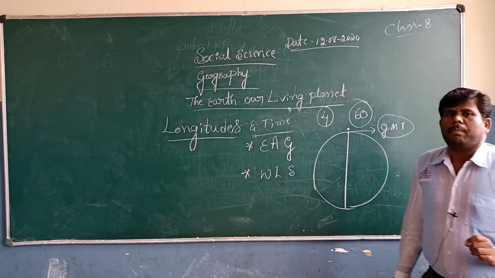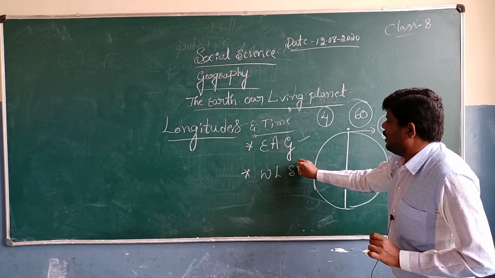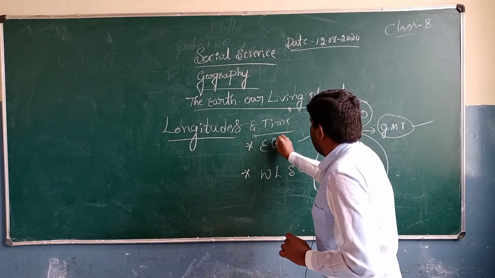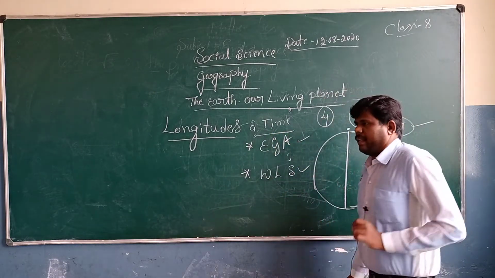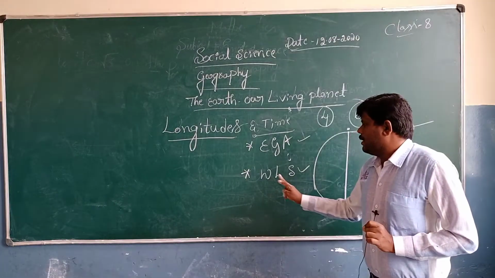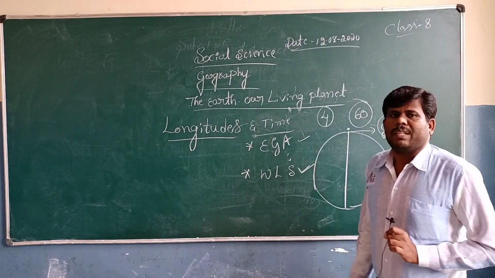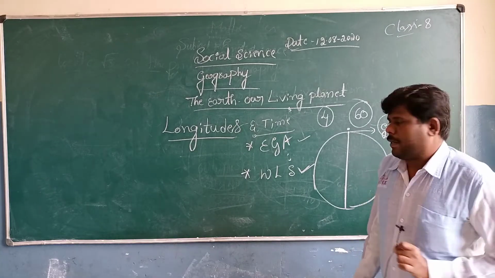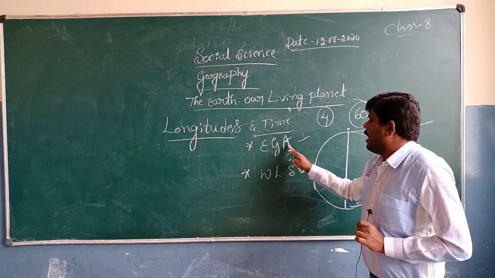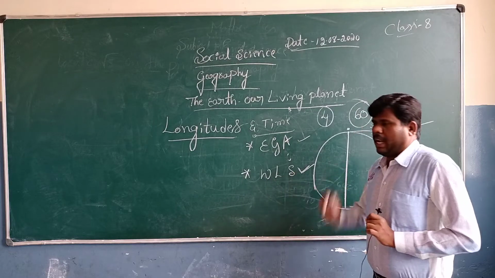Here, EGA and WLS: East Gain Add and West Loss Subtract.